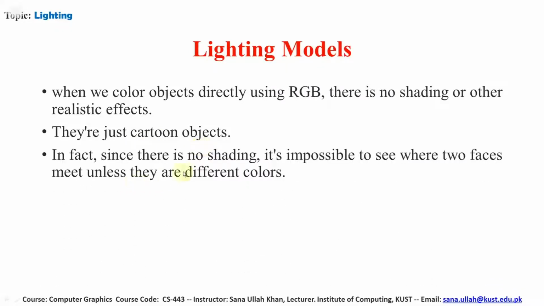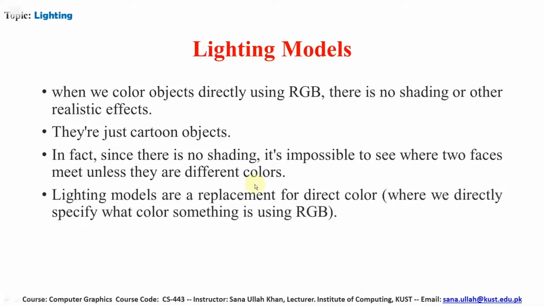In fact, since there is no shading, it is impossible to see where two faces meet unless they are different colors. So lighting models are a replacement for direct color, where we directly specify the color using RGB.